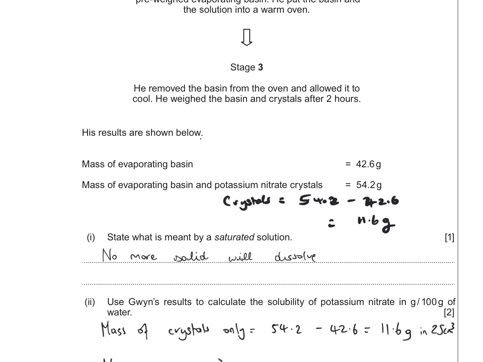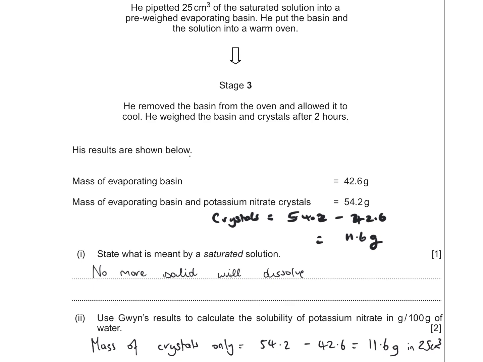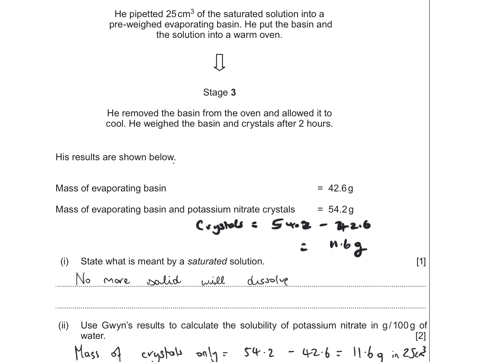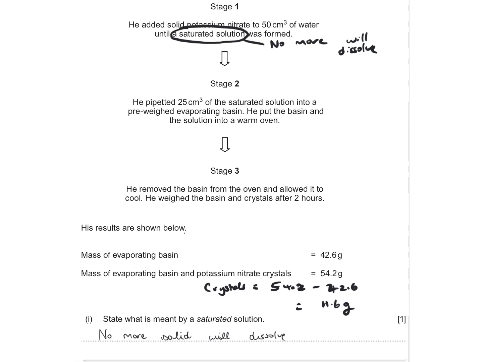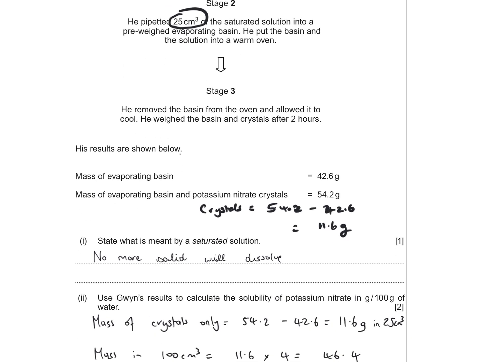So first of all, state what is meant by saturated solution. So no more solid will dissolve. We've spoken about that before. Use Gwyn's results to calculate the solubility of potassium nitrate in 100 grams of water. So just remember, we used 25. So we used a quarter of that. So first thing we're going to do is that little bit of maths that we've done there.